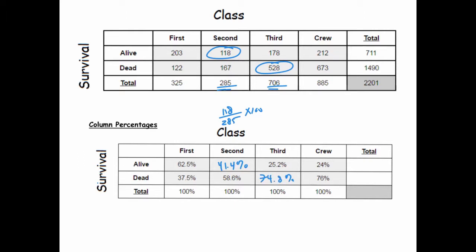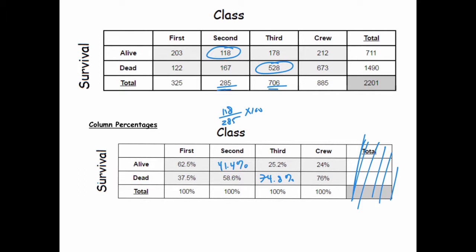And then sum the rows. I'm sorry, don't sum the rows, because you don't want to consider the rows. That doesn't have a meaningful answer. You might even notice that when you add those up, you break 100%. It doesn't make sense to add 62.5% to this 41.4% because these are percentages of different totals.